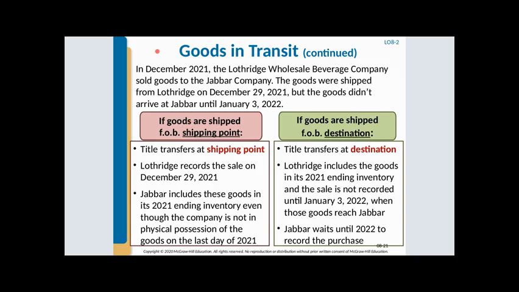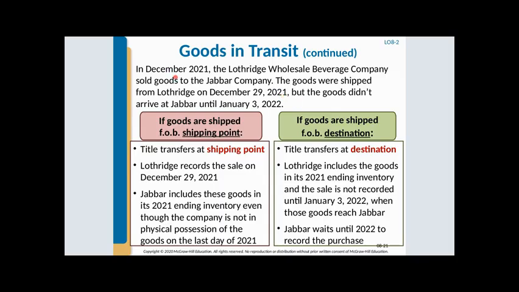So for example, here in December 2021, the Lothridge Wholesale Beverage Company sold goods to Jabbar Company. The goods were shipped from Lothridge on December 29, but the goods didn't arrive at Jabbar until January 3rd. Okay, so the following year. This is a calendar year company.